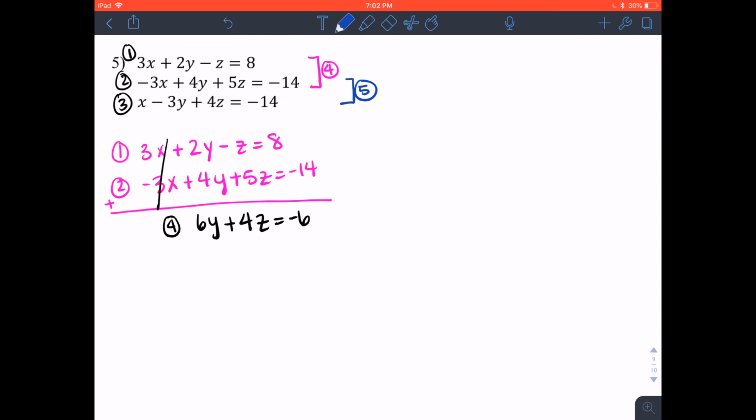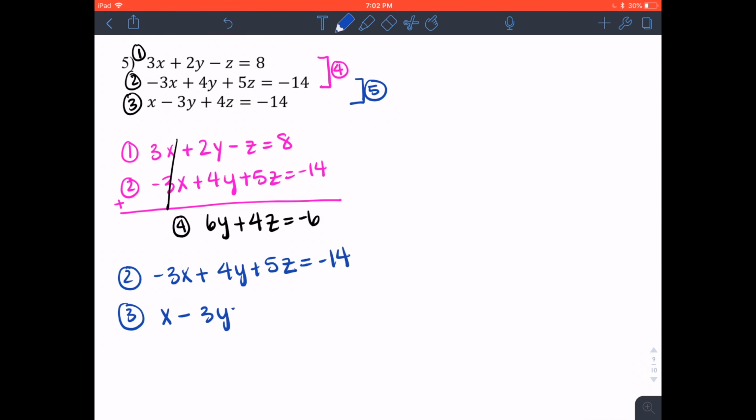So if I pair up equation 2 and 3, I'm just going to rewrite their equations here so we can look. Equation 2 is negative 3x plus 4y plus 5z equals negative 14. Equation 3 is x minus 3y plus 4z equals negative 14.